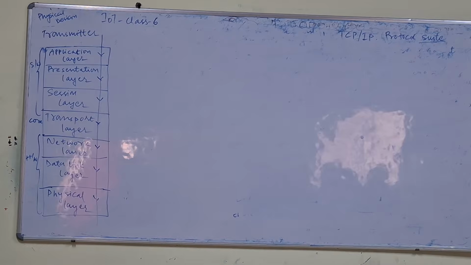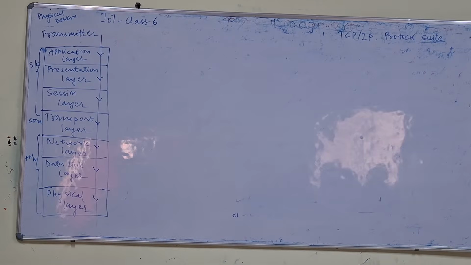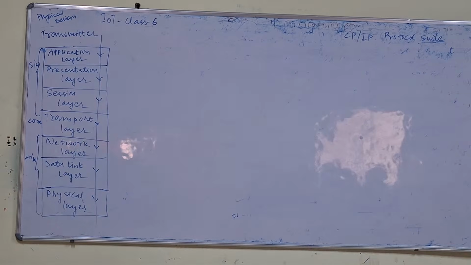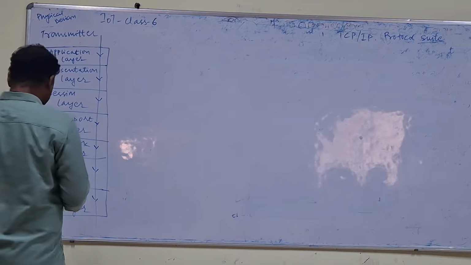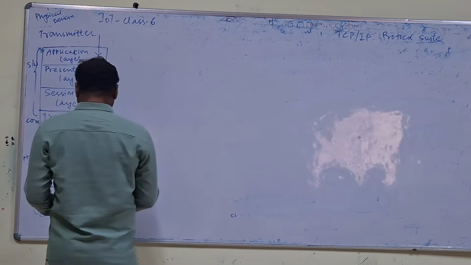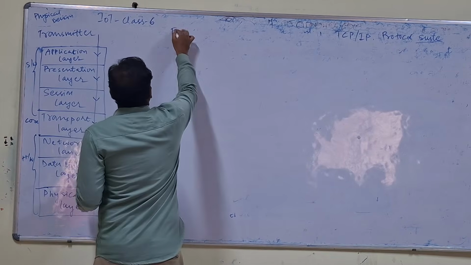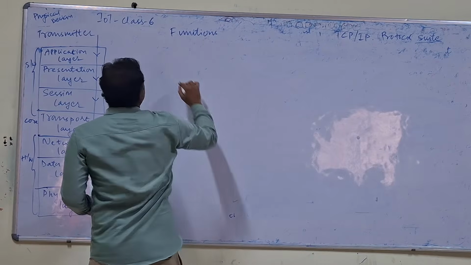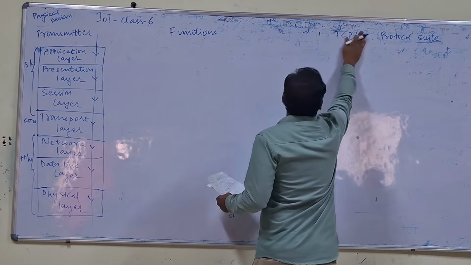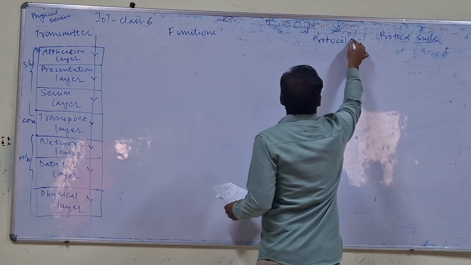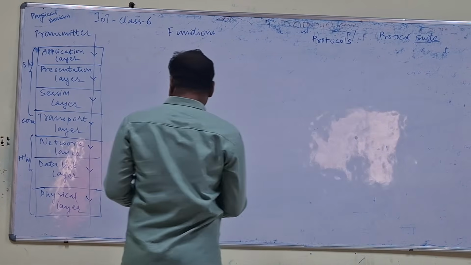You will see layer by layer. So what happens at the application layer? Here we will see the functions, and here we will see the protocols at each layer.